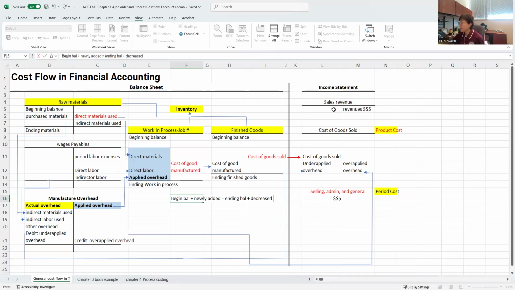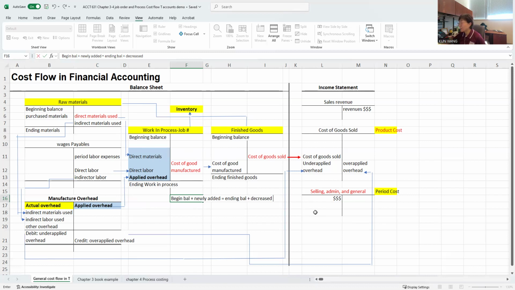So sales revenue minus the cost of goods sold is your first profit number, gross profit. Then minus the period expenses, we get the net operating income. But the key point here is that you can see the period expenses didn't go through the manufacturing setting at all.